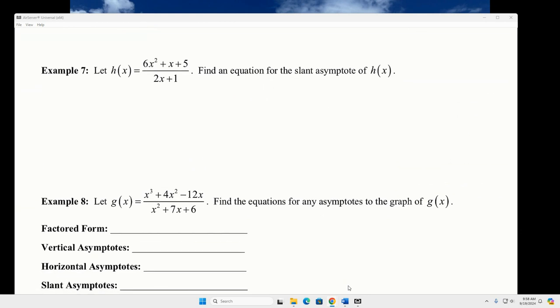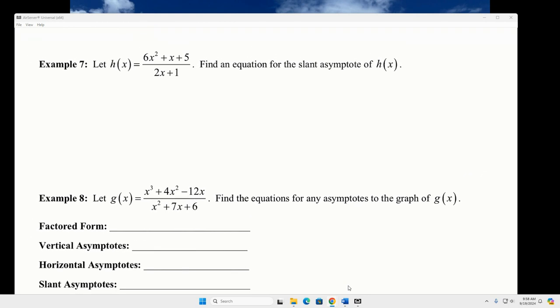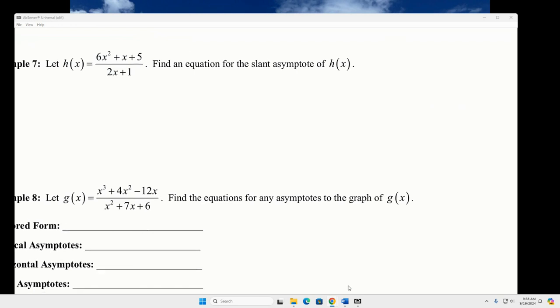All right, so on the next example, we're going to find the equation of the slant asymptote. So what we do is we divide and drop off the remainder. Your slant asymptote is not going to have a remainder. It's just going to be like y equals 2x plus 1 or y equals negative x plus 4, something like that, the equation of a line.